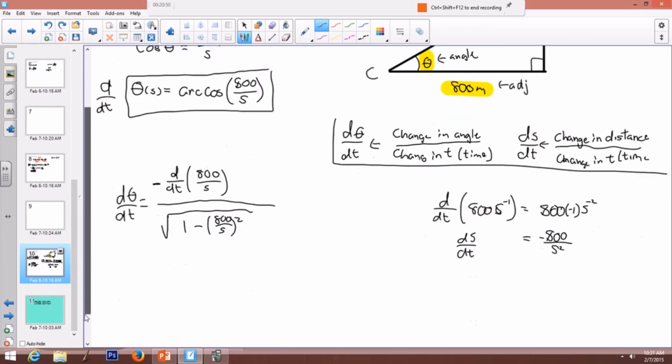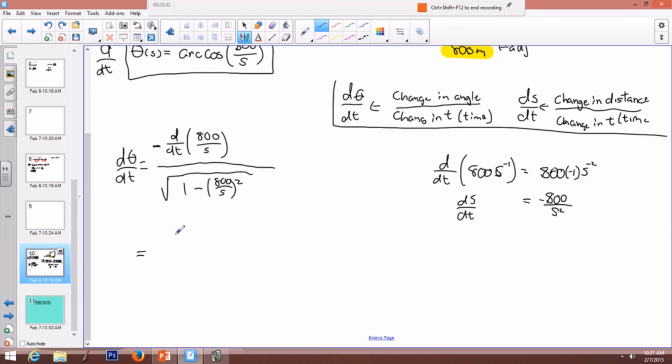So just plugging in everything at the end there, I want to make it usable. So negative, negative, negative here, and then a negative here. It's going to be positive 800 over s squared all over the square root of 1 minus 800 squared over s squared.